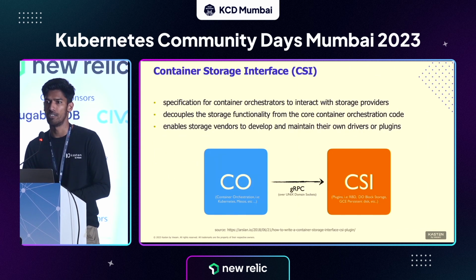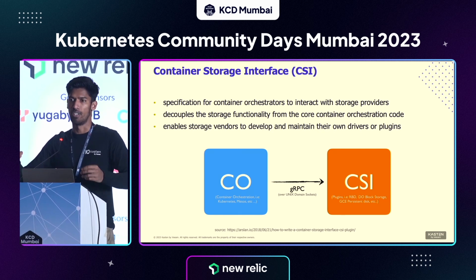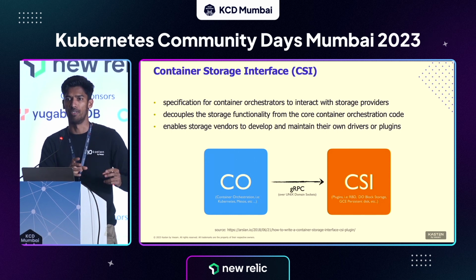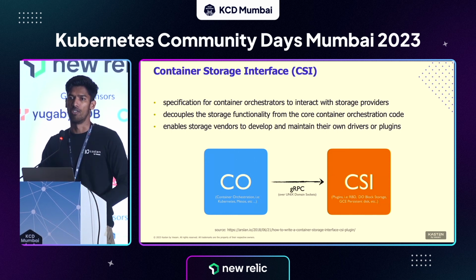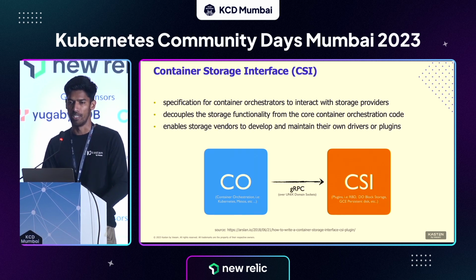So how does Kubernetes talk to these different storage providers? It doesn't have a switch case, like if it's GCP, then call GCP APIs. It's not like that. This is possible because of CSI. CSI, if you're hearing it for the first time, is the Container Storage Interface.